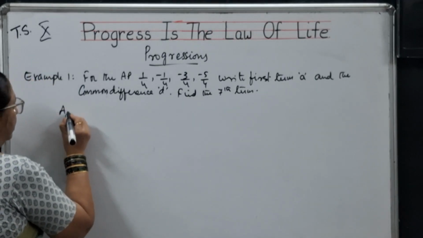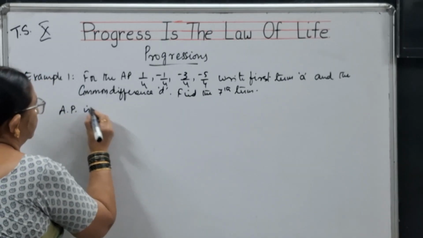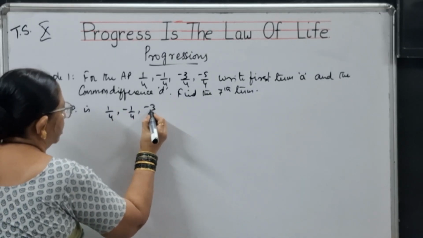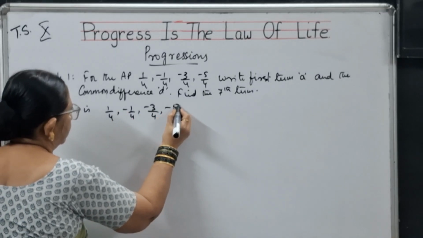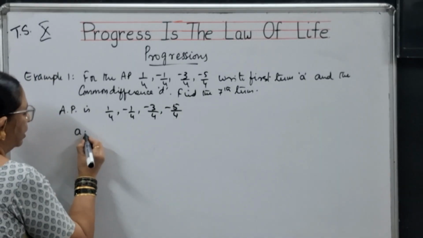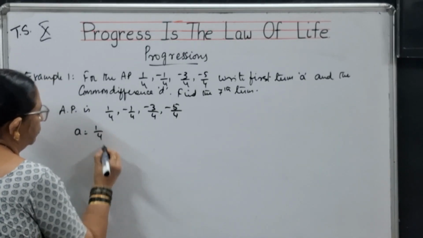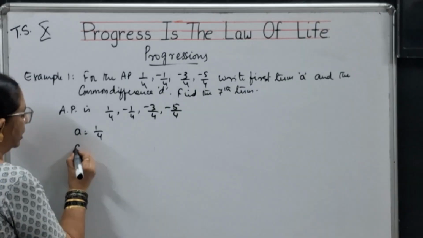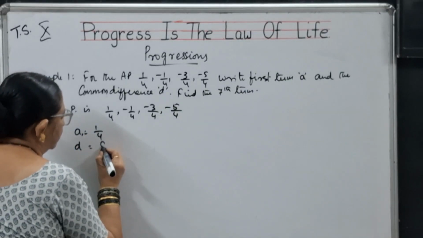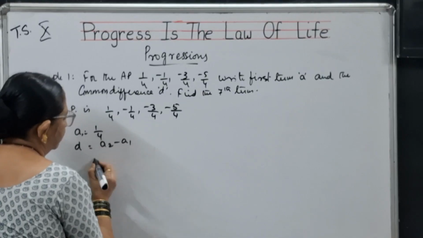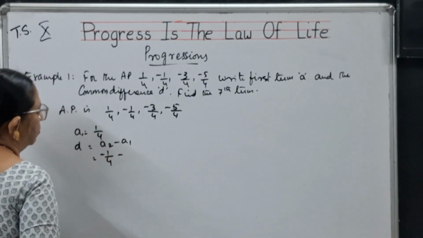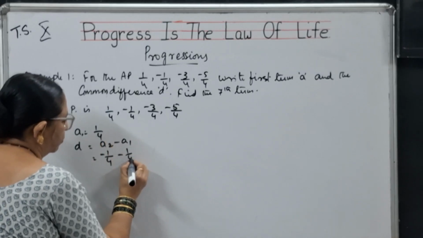So what is the AP? AP is 1 by 4, minus 1 by 4, minus 3 by 4, minus 5 by 4. So in this, what is the first term A? A is equal to 1 by 4. Now you want D. A means you can even write A1. D is nothing but A2 minus A1. A2 is minus 1 by 4, the second term, minus A1, which is 1 by 4.